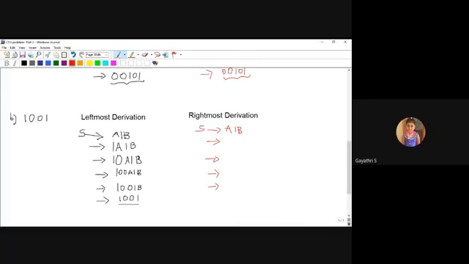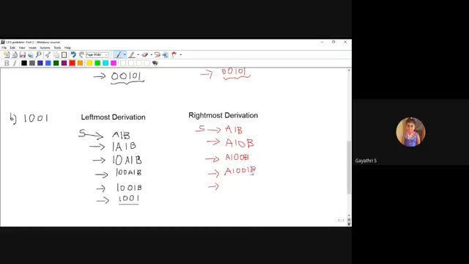So I will choose first A1B. Instead of B, I will choose 0B. Then A10B, and again instead of B, I will choose 0B. Next A100B, instead of B, I will choose 1B.